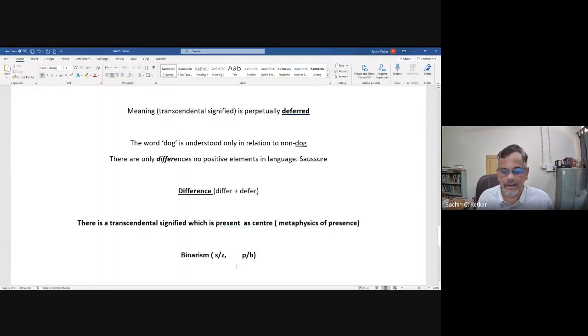White, black, male, female, speech, writing, good, evil, God, devil, and so on and so forth. All binarisms are at the heart of any system of communication. Any semiological system is built upon binarism, inside, outside.